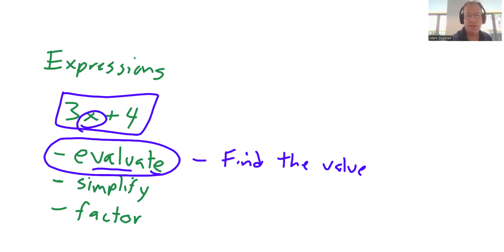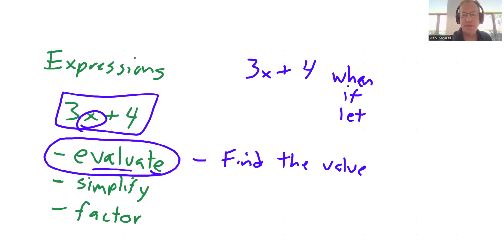Now, we can't find the value of this expression because we don't know what x is. But if we're given 3x plus 4 when, or if, or sometimes the word let will be used, let x equal 2.